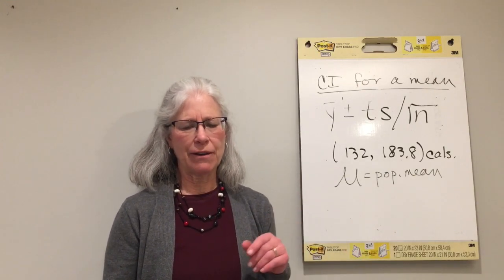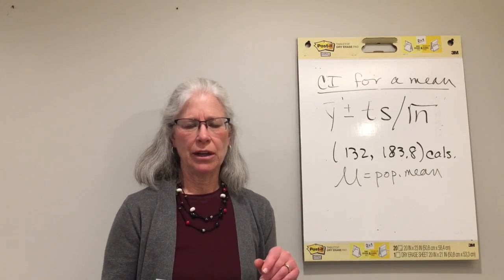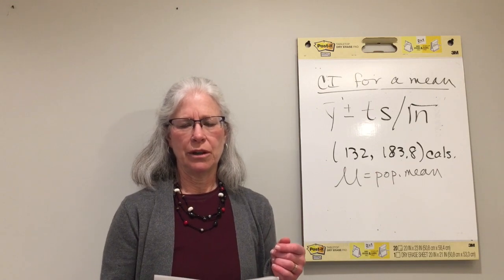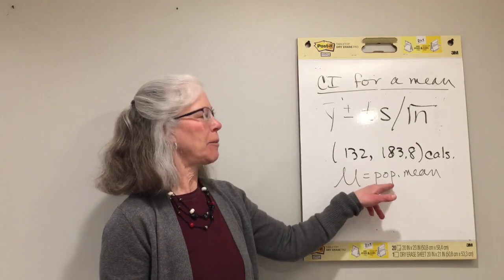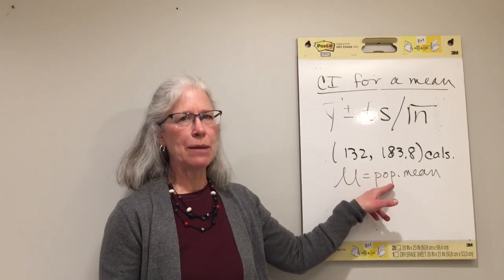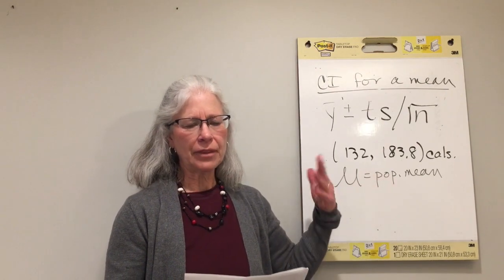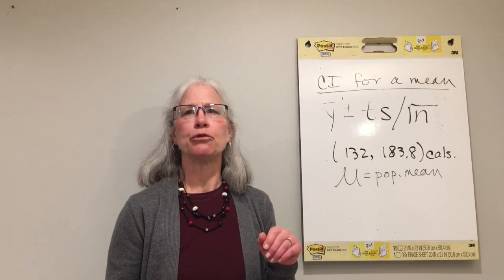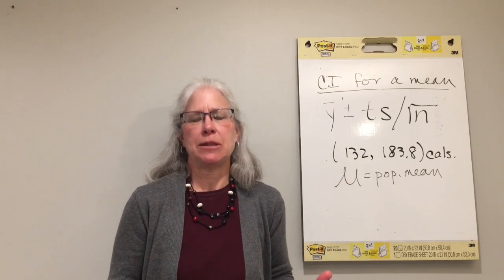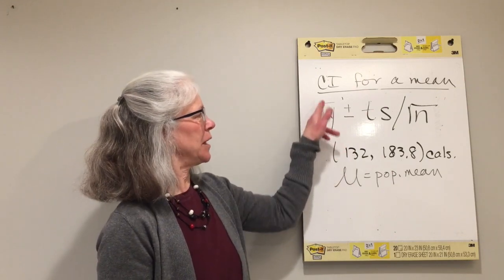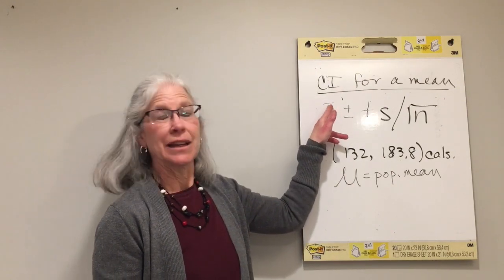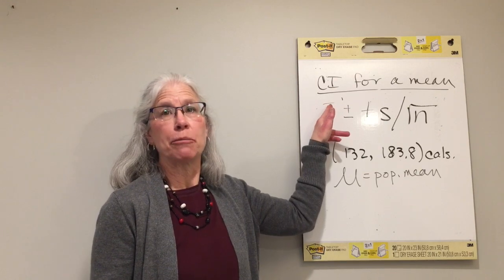The first one, 95% of all future sample means will be between 132 and 183.8 calories. Well, no. The confidence interval for the mean of the population is not for future sample means. Other sample means will be close to the true population mean, whatever that happens to be. So it's possible that this sample mean, 157, is a bad one, just by sheer bad luck.